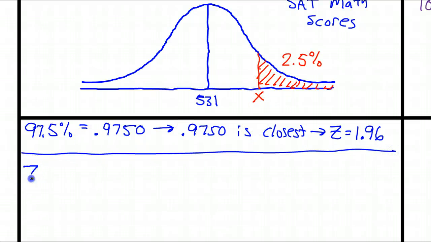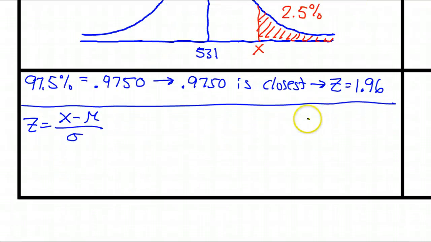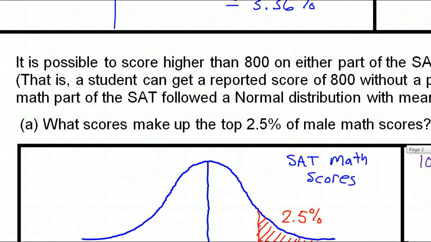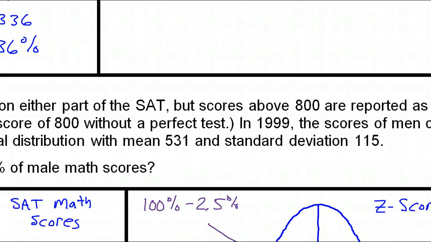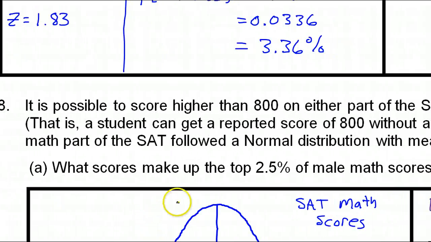Using the formula, we know that the z-score is going to equal the value minus the mean divided by the standard deviation. But I know the z-score is 1.96, so this becomes 1.96 is equal to x minus 531 divided by, now what was that standard deviation again? 115.